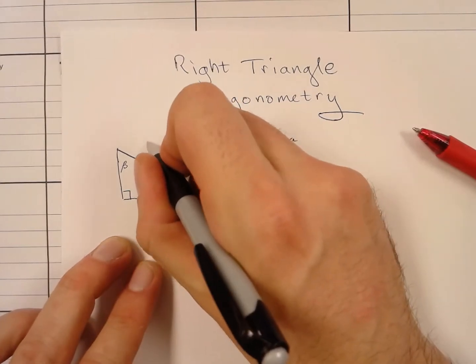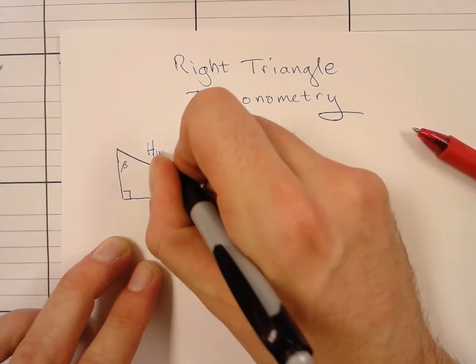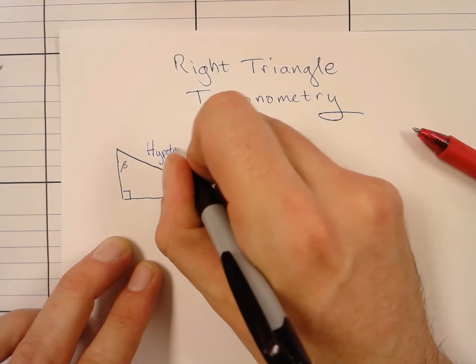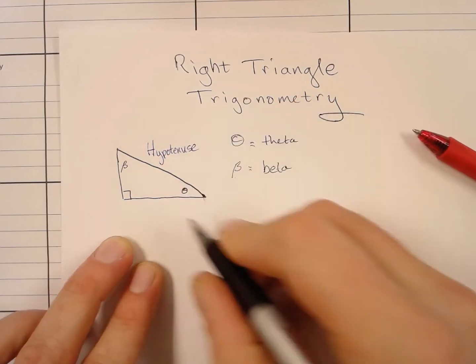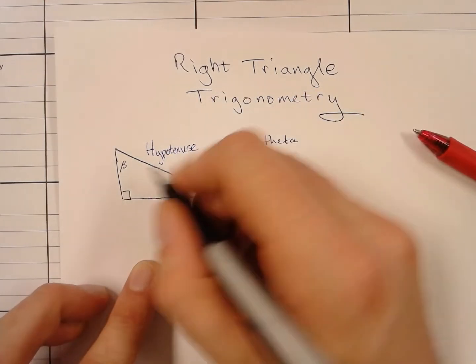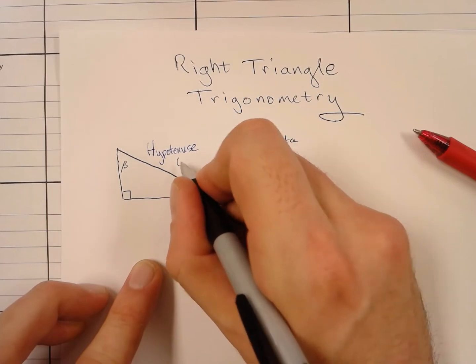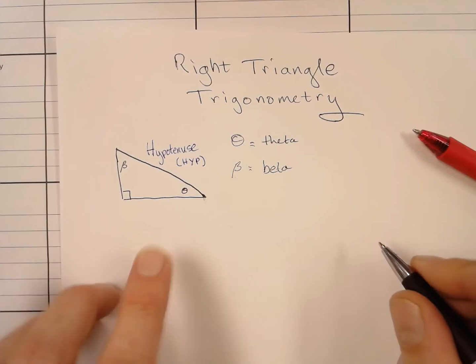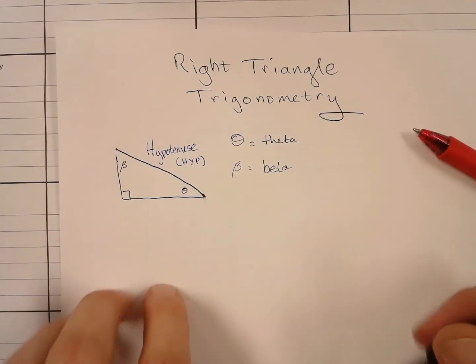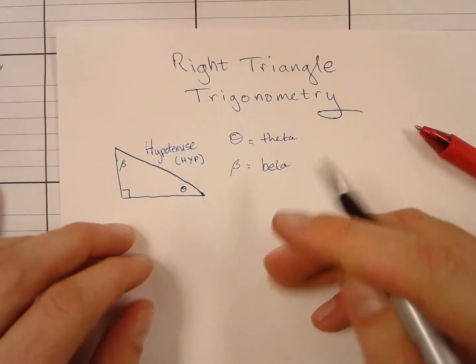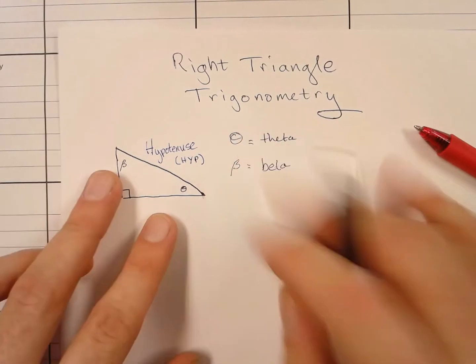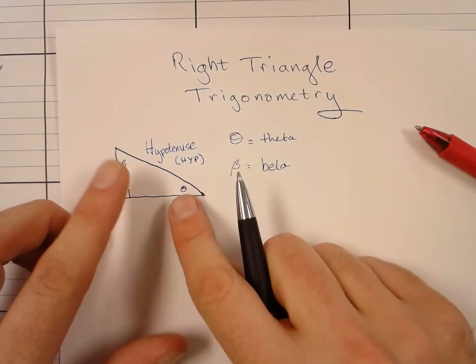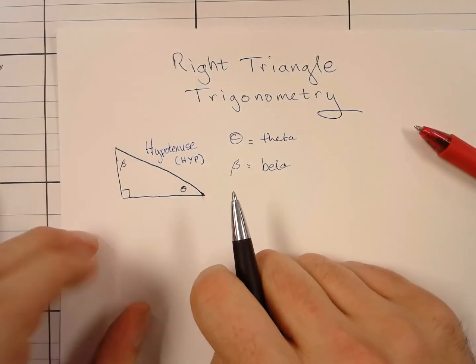So we'll start with the hypotenuse, which obviously will always be opposite the right angle, and we will abbreviate the hypotenuse HYP. Now the other two sides are going to be opposite and adjacent, but relative to whichever acute angle we're going to use.